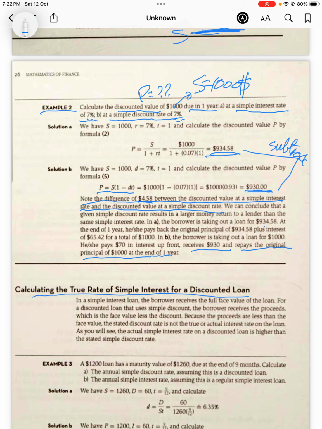Because the proceeds are less than the face value, B is always less than S. The stated discount rate is not the true or actual interest rate on the loan. As you will see, the actual simple interest rate on the discounted loan is higher than the stated simple discount rate.